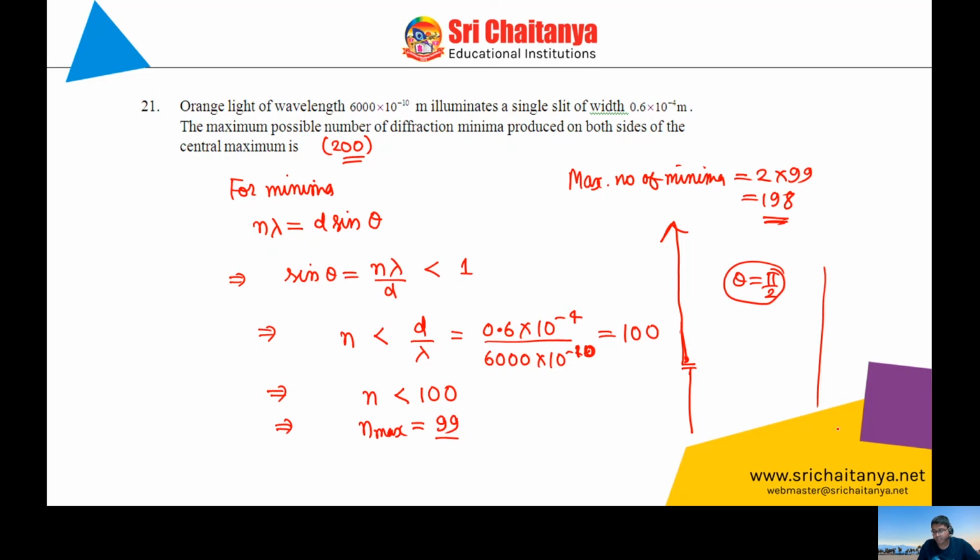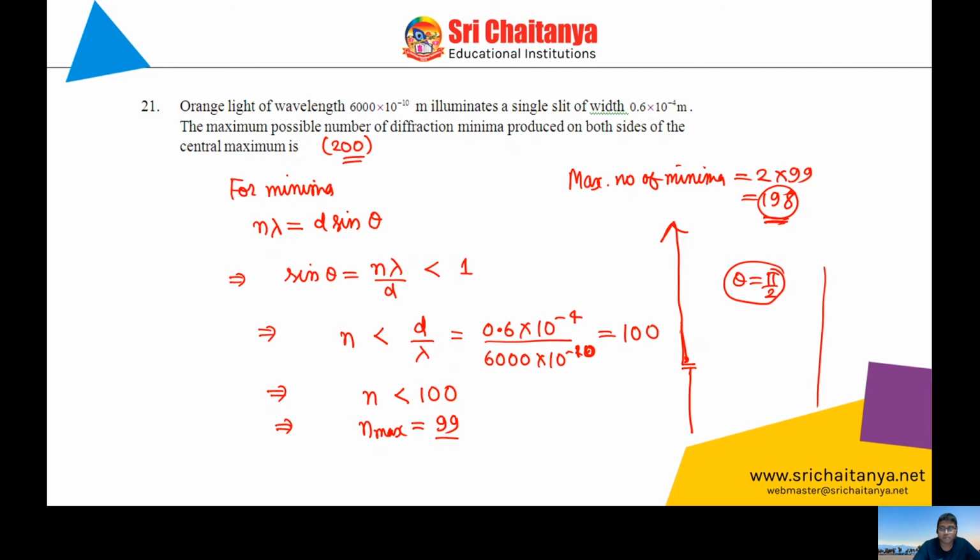So theta equal to pi by 2 is only a hypothetical value, and even if you count the minima, that would be at infinity and should not be practically counted. So the maximum number of minima should be equal to 198. This is one change I am suggesting for question number 21.